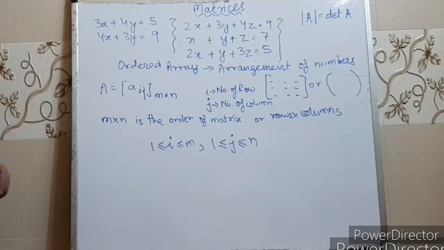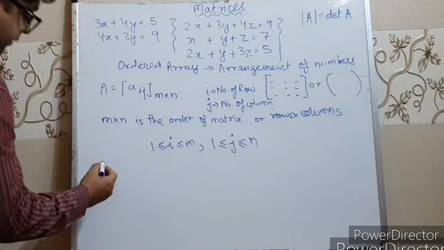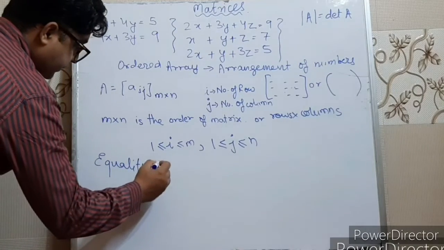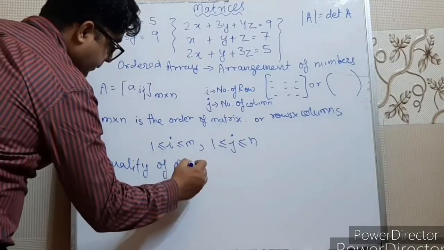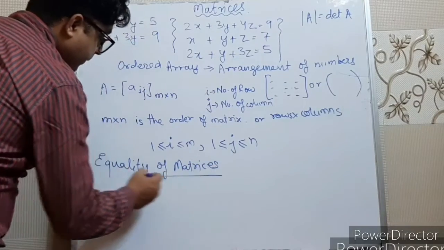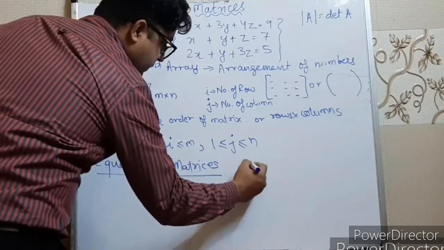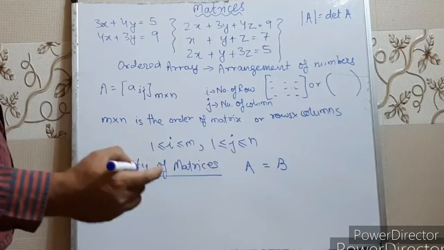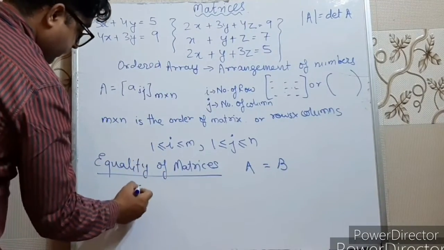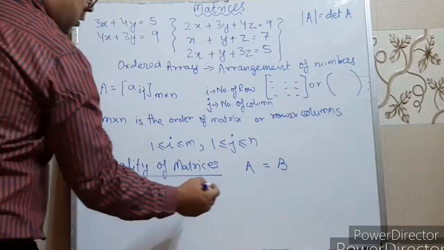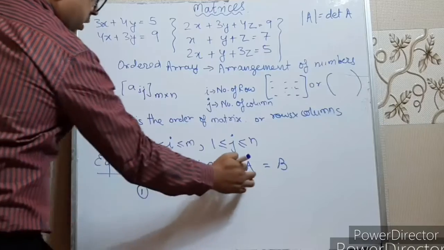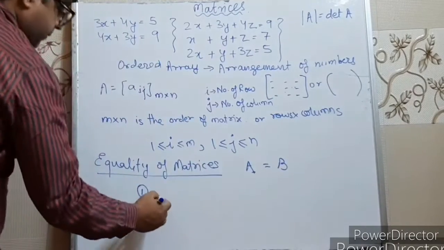Okay? Now, if you have to equate, say, the equality of matrices, any two matrices, say A and B, can be equal only under one condition. Number one, the order of the matrices must be the same. Then only A and B can be equal.